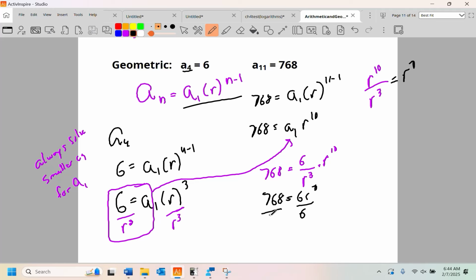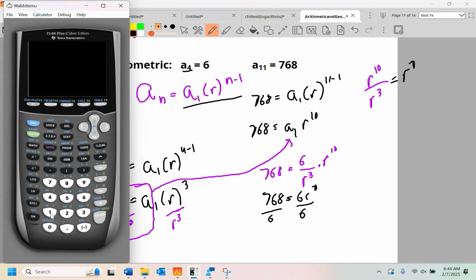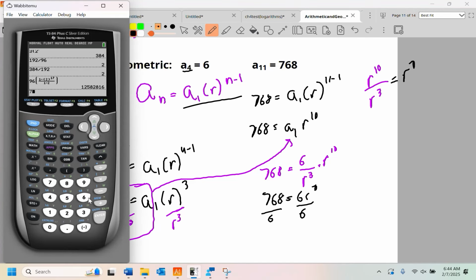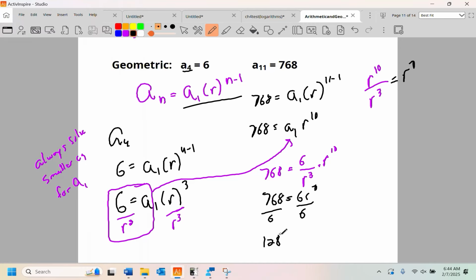We divide both sides by 6. Maybe we push buttons just to make sure I get it right. I feel like it's 128. Actually, that's just what it is. It's 128. So 128 equals r to the 7th. You may or may not know what the 7th root of 128 is.